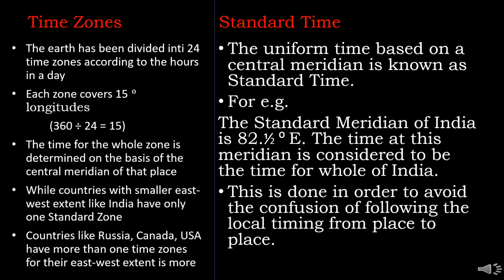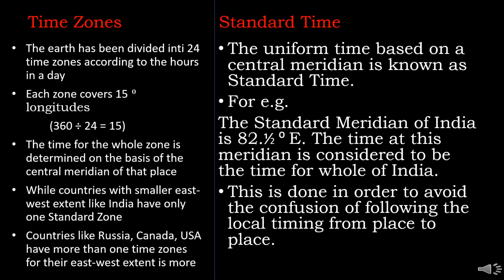The time for the whole zone is determined on the basis of the central meridian of that place, while countries with a smaller east-west extent like India have only one standard time zone. Countries like Russia, Canada, USA have more than one time zone. What is standard time?